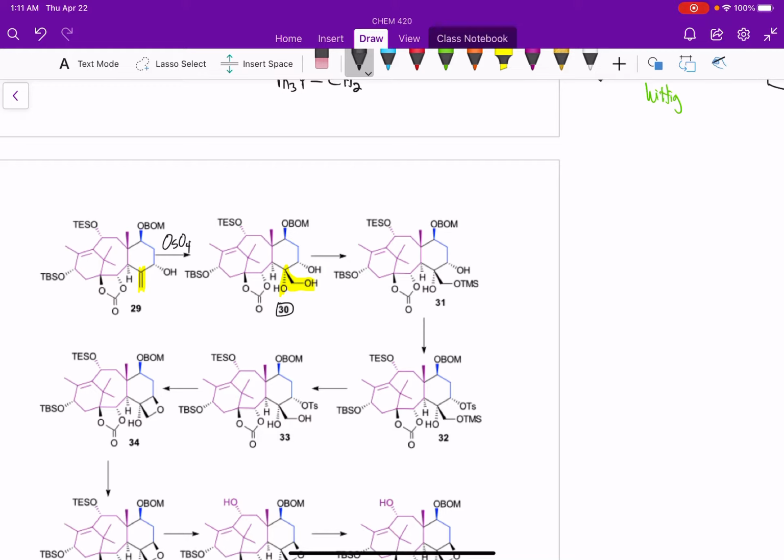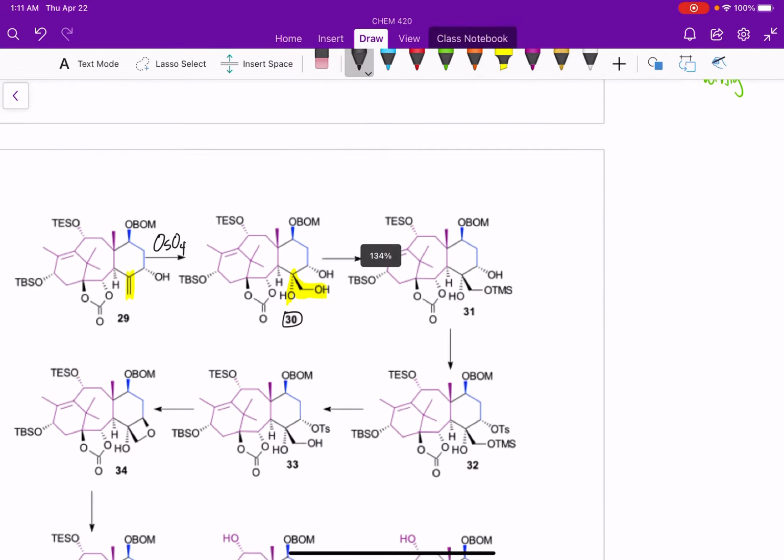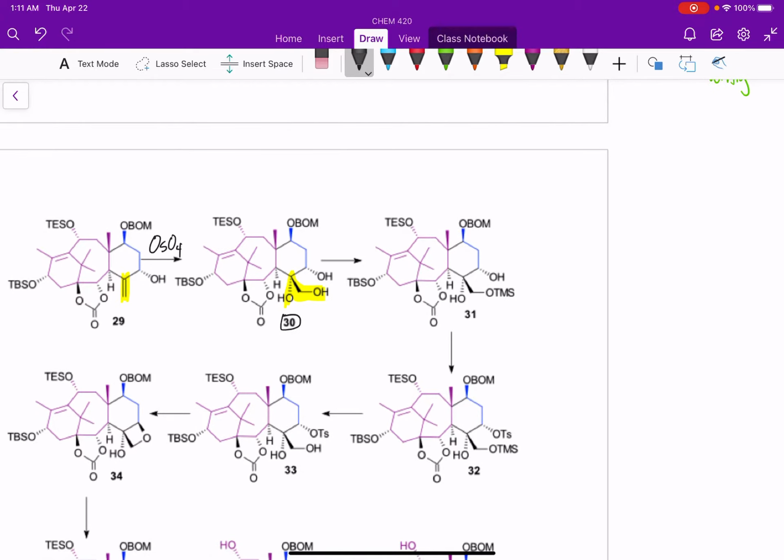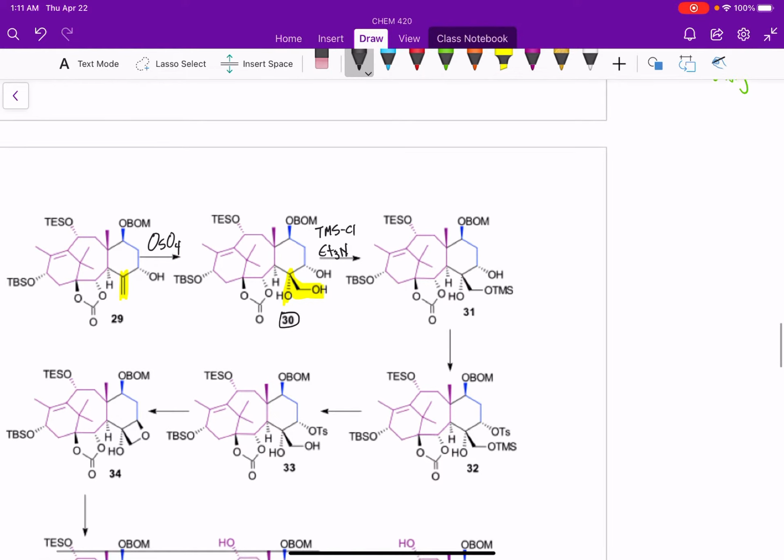So the first step here is to protect the primary alcohol. That's going to be a protecting group that we don't need on there for a long time. So they're going to use TMSCl and triethylamine. That will add a trimethylsilyl group to the primary alcohol, getting you compound 31.